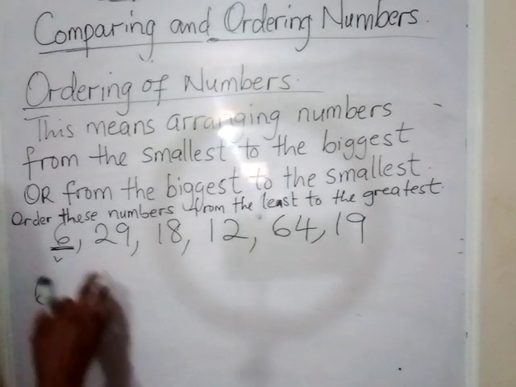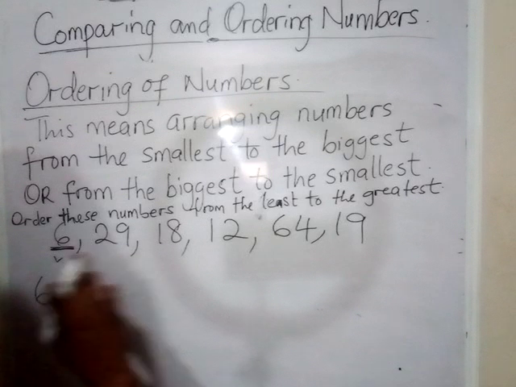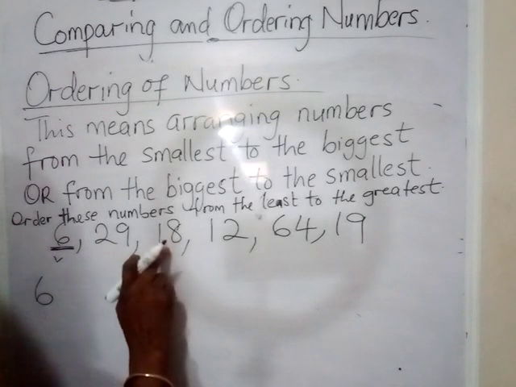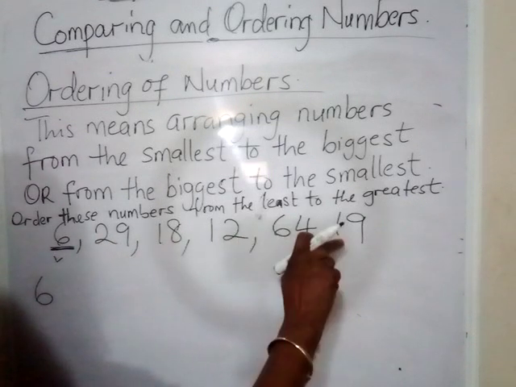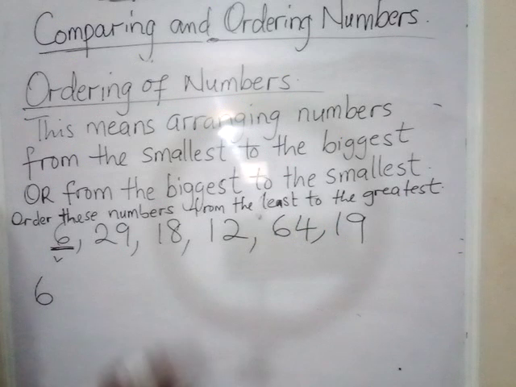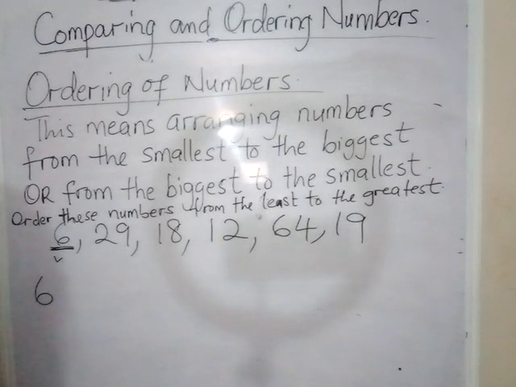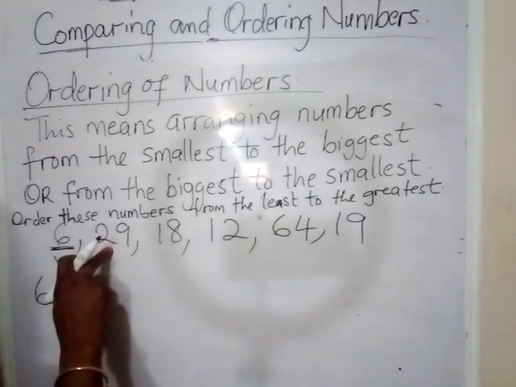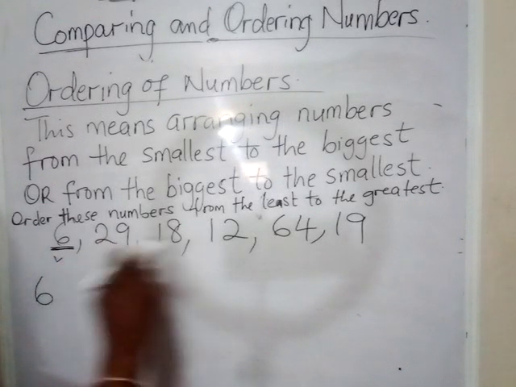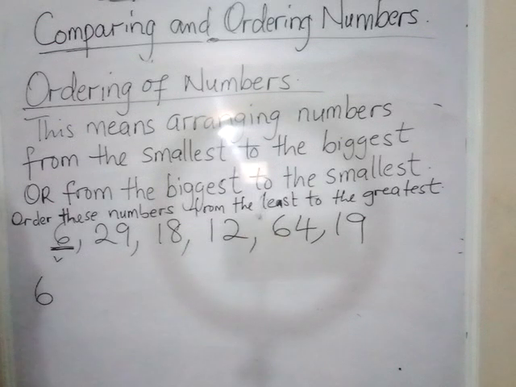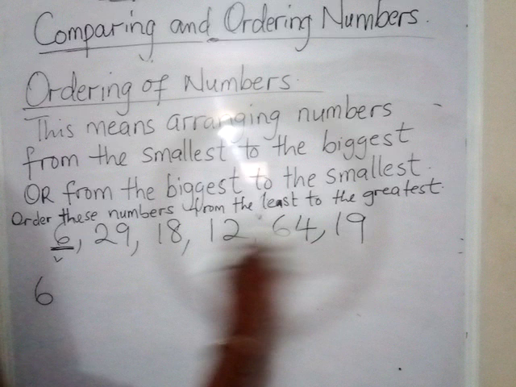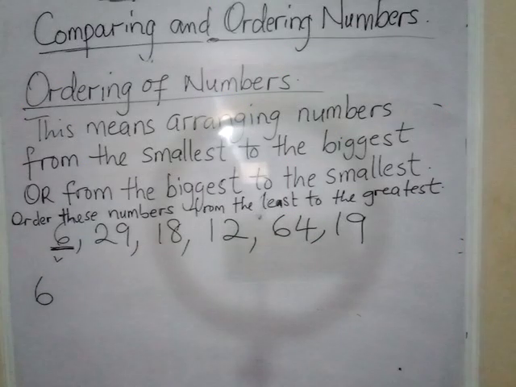If you look at these numbers, you have those that start with 1. In the tens position, you have 3 numbers that have 1. You have one that has 2 in the tens position, and one that has 6 in the tens position.